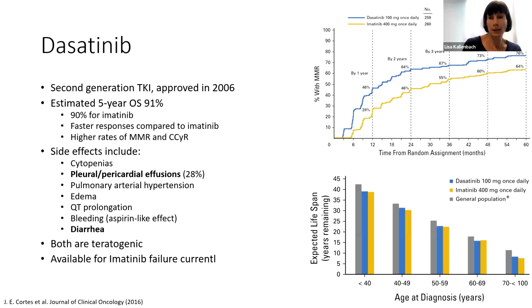Also pulmonary arterial hypertension, edema, which is similar to imatinib, QT prolongation, bleeding with a platelet-like, aspirin-like effect, and diarrhea. Both imatinib and dasatinib are teratogenic, but dasatinib is available for imatinib failures currently per protocol in Butaro.